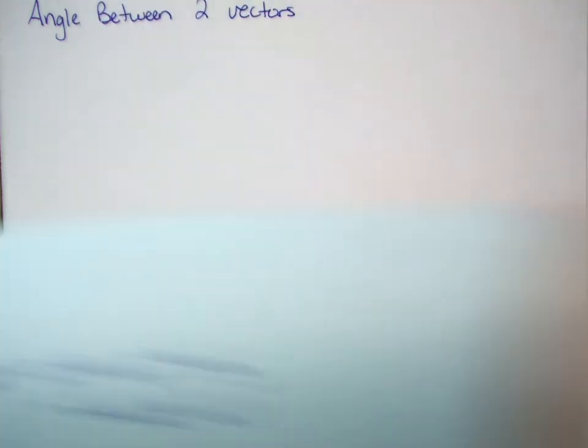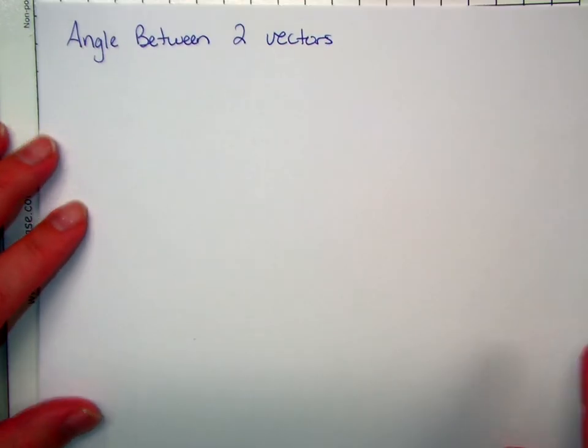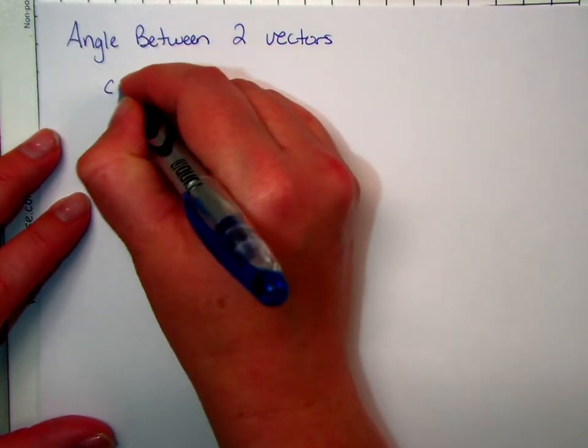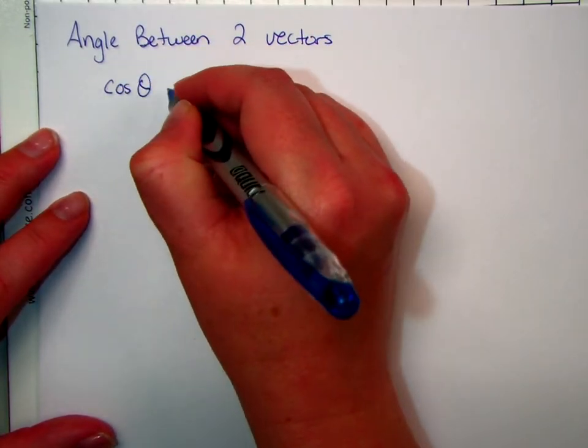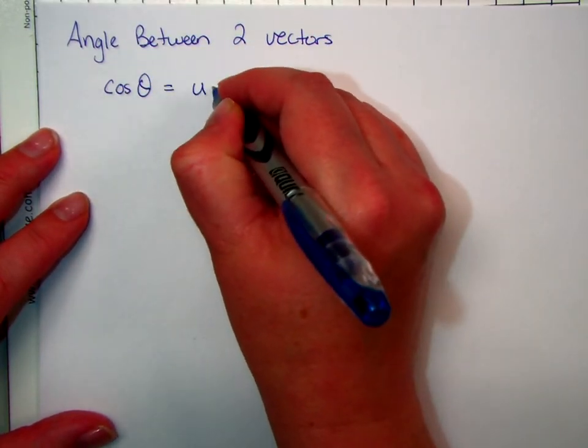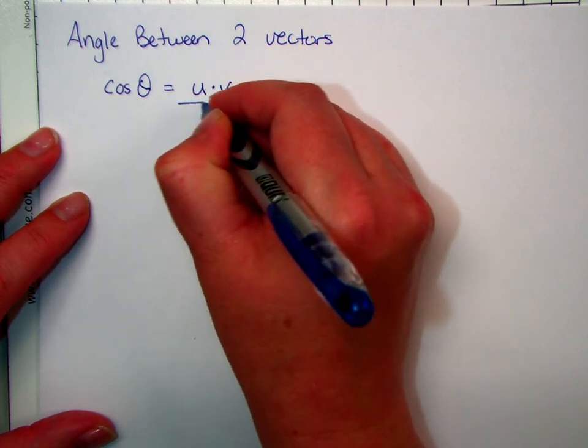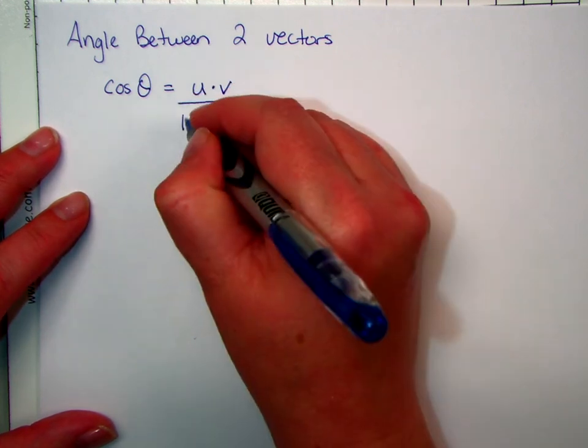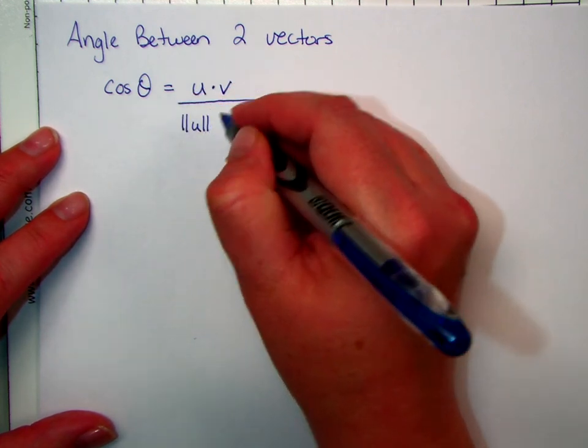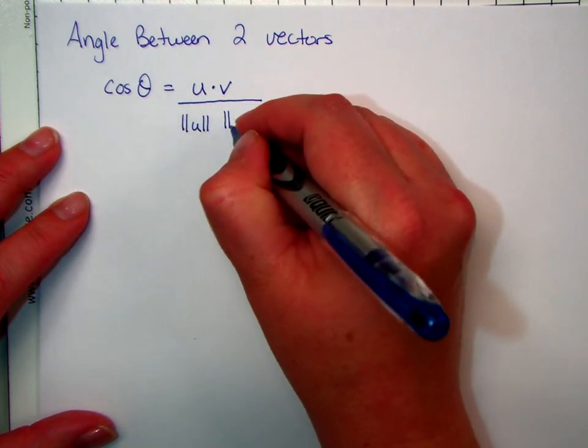All right, so let's find the angle between 2 vectors. So we have a formula for that, and the formula goes like so. Cosine of theta is the dot product on top divided by the magnitude of u times the magnitude of v.